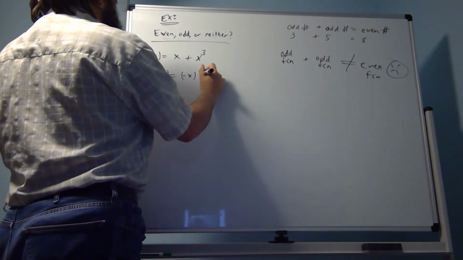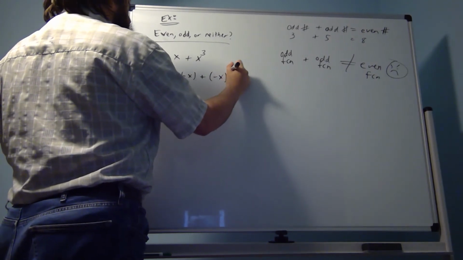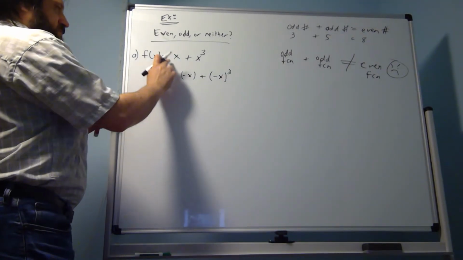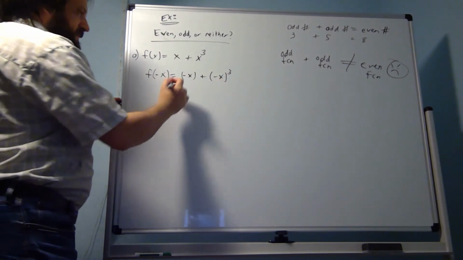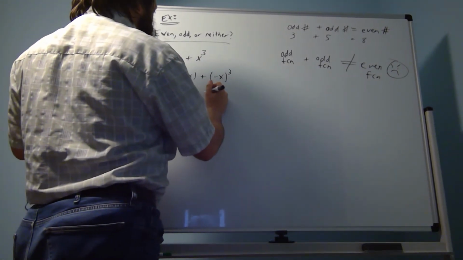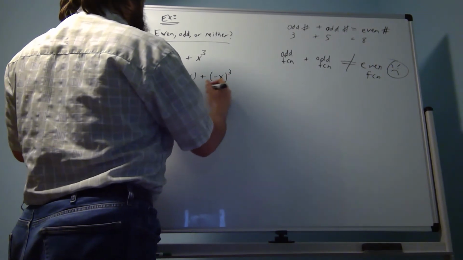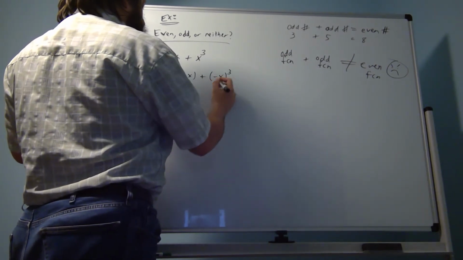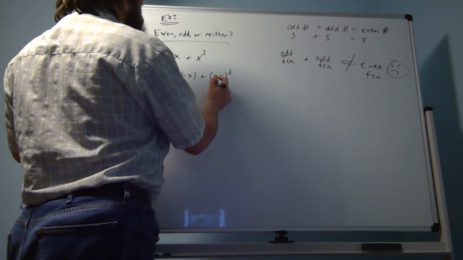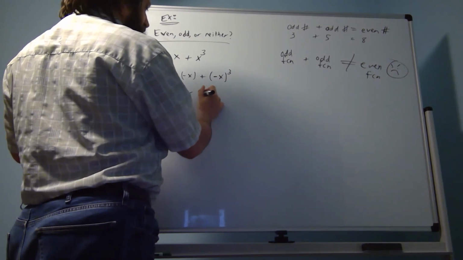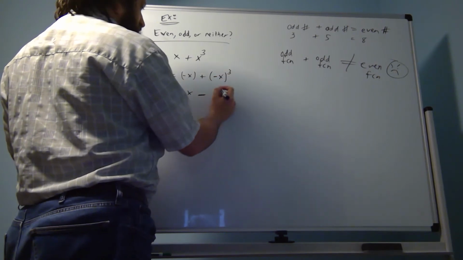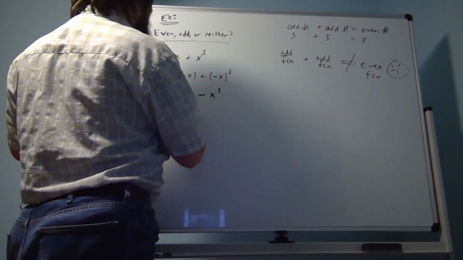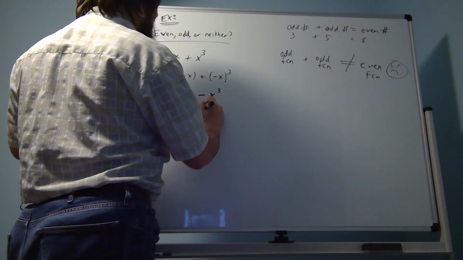Every place we see x, we plug in the negative of x. So we evaluate this function not at x, but at the negative of x. There's an odd exponent on a negative number, so the negative survives. Two of them cancel, and then one is left over, and it's x cubed, and we factor out the minus.